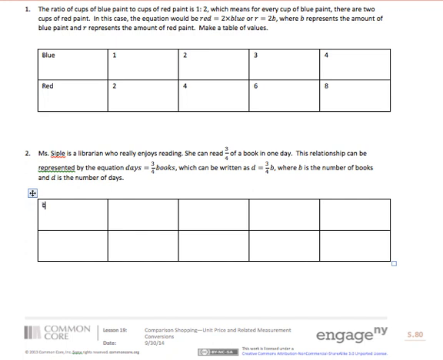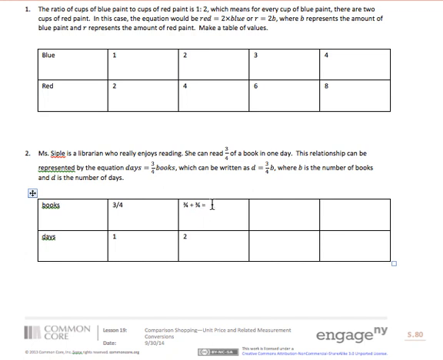Books and days. She can read 3/4 of a book in one day. So far, so good. On the second day, on day 2, she would read 3/4 plus 3/4.